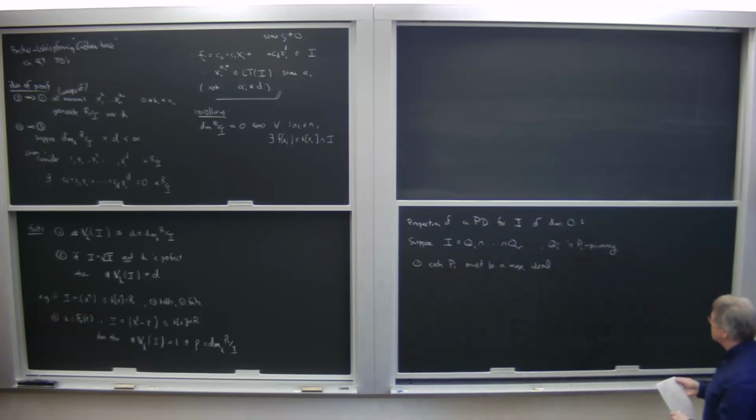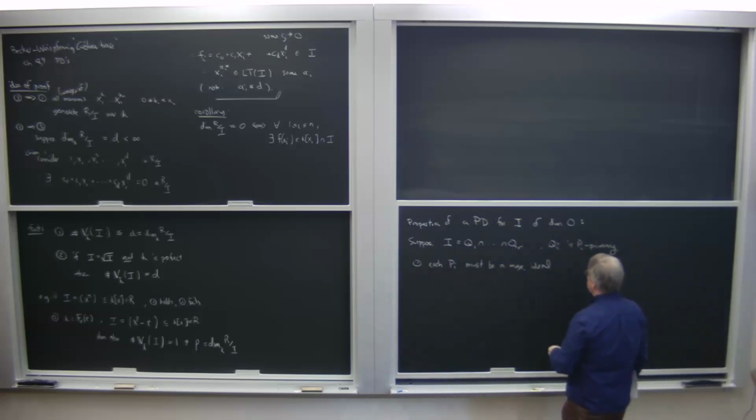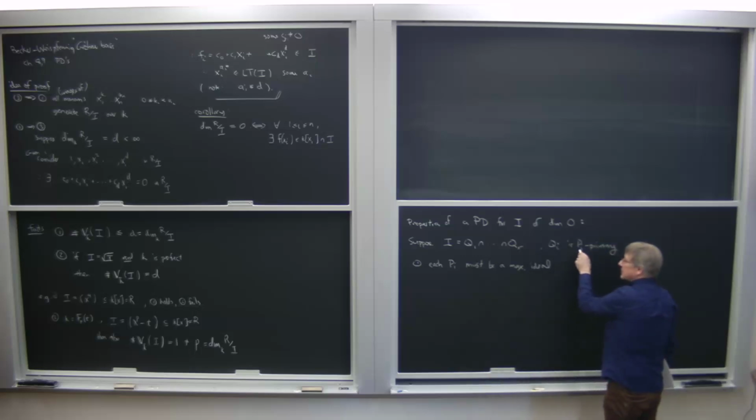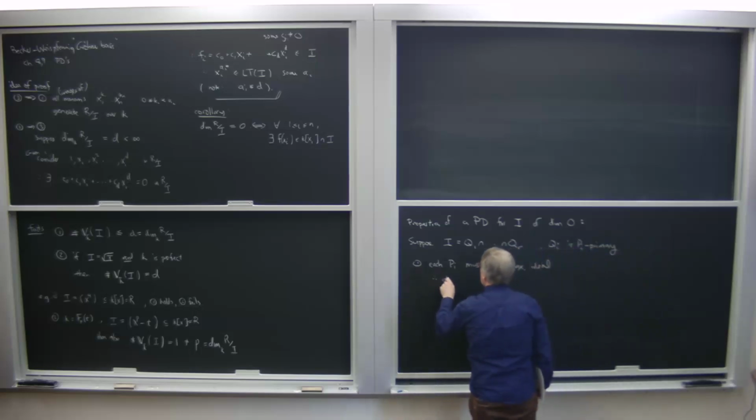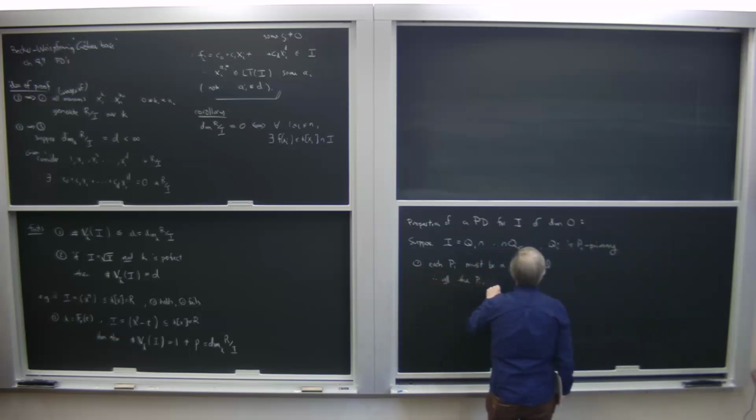So that can't possibly happen. So each Pi must be a maximal ideal. Well, that means no two of them can have a containment relation. And therefore, all the P sub i's, P1 to Pr, are minimal primes.